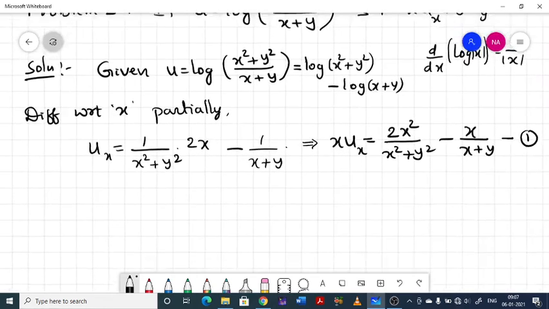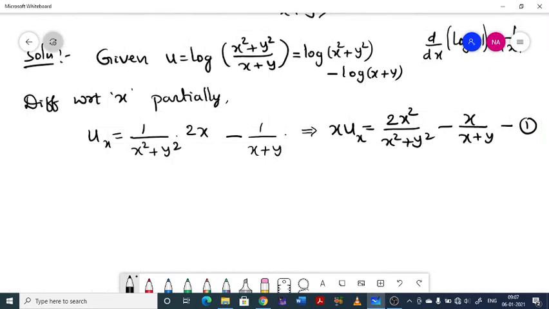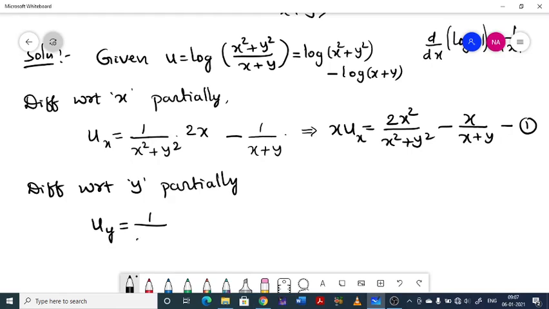Next, similarly, differentiating with respect to y partially, you get uy equal to, same thing, 1 by x square plus y square. So the first time you get the same. Next, the derivative of x square plus y square, you are differentiating with respect to y partially, keeping x constant.